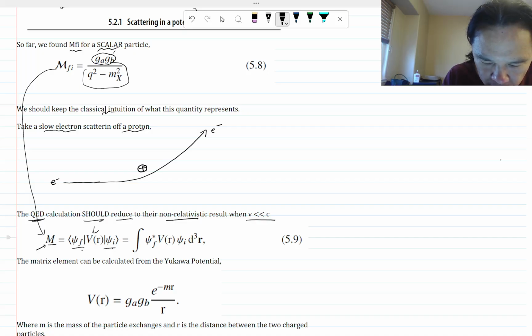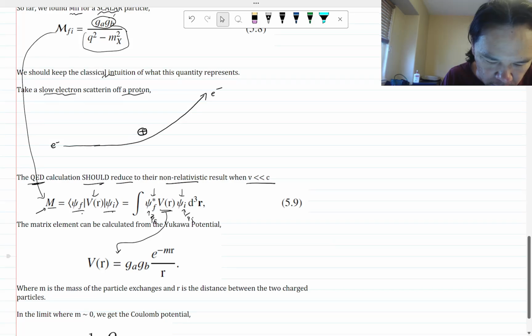You plug in the wave functions, initial and final, so these will depend on the directions. This will depend on p final, and this will have p initial. And this potential between the two is known as the Yukawa potential, which is basically going to be the coupling constants between the two vertices.